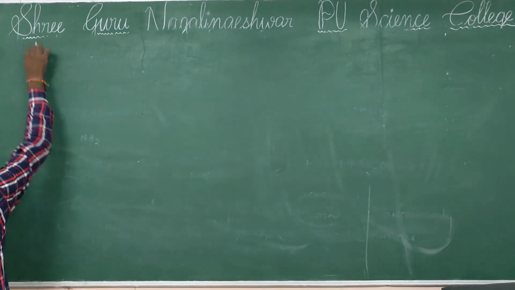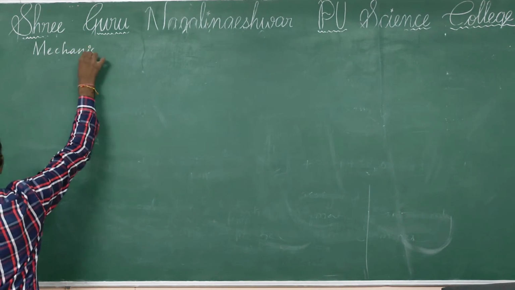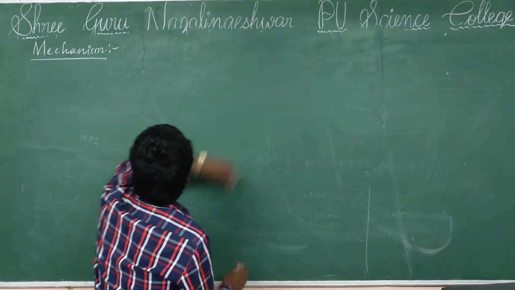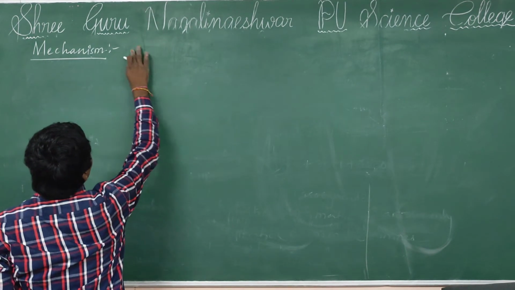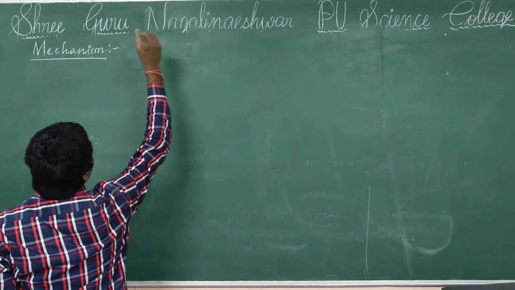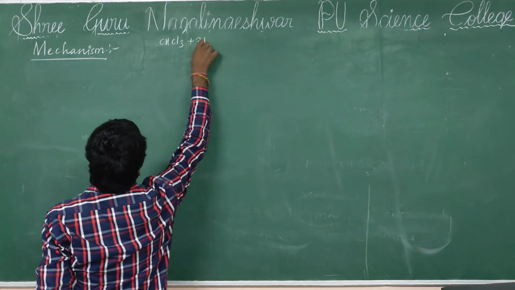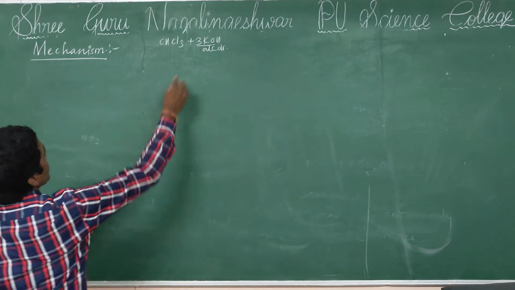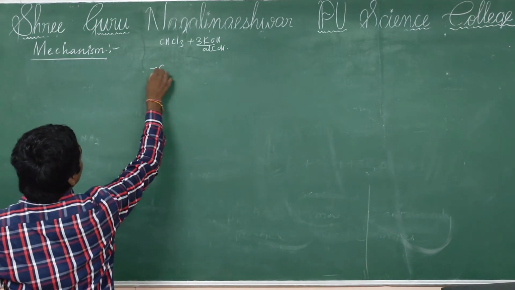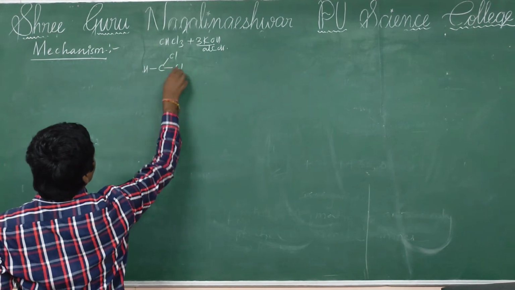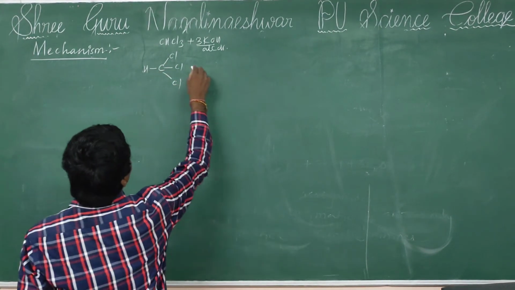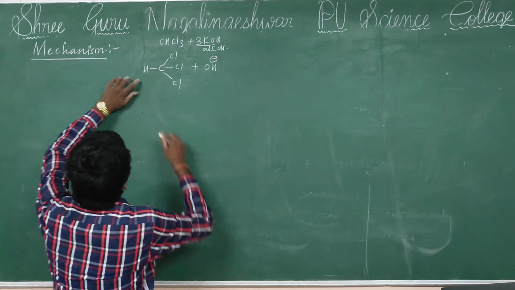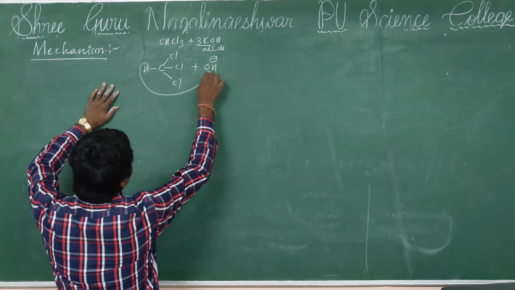Now we will discuss the mechanism of the carbylamine test. Here there is involvement of chloroform plus 3 moles of alcoholic KOH. In the first step, chloroform has one proton which is attracted by the nucleophile.